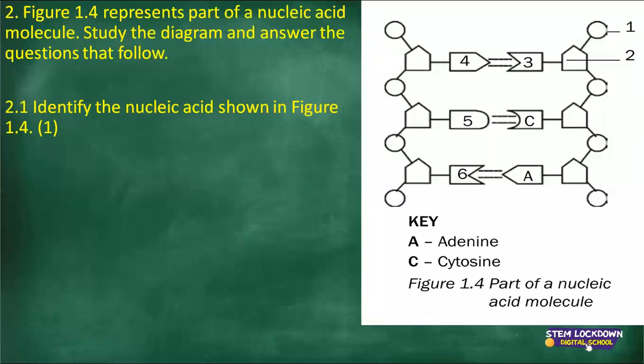It's part of the nucleic acid, and then the figure represents the nucleic acid molecule. So we have to study the diagram and answer the questions that follow. So part of them are omitted, and I'm sure you are already familiar with the structure by now. If you are not, you should be able to draw and label it. So the question says, identify the nucleic acids shown in Fig 1.4.